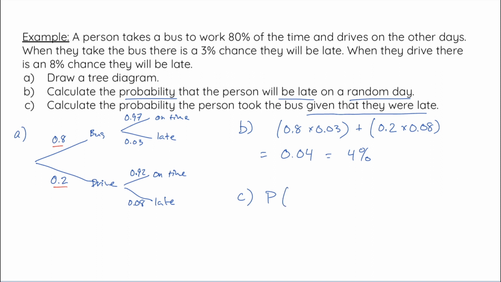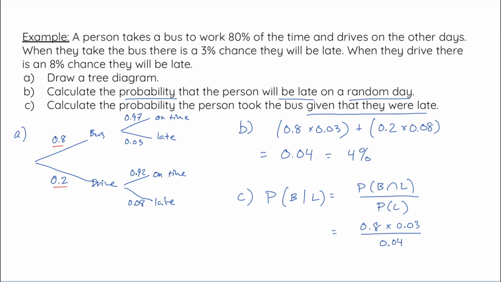So the probability that they took the bus, given that they were late, is equal to the probability that they took the bus and they're late, divided by the probability of being late. So the probability of taking the bus and being late is 0.8 times 0.03, and we divide this by 0.04.